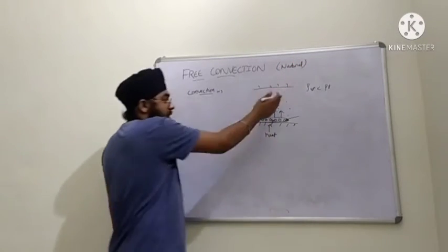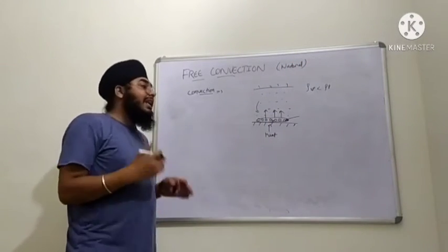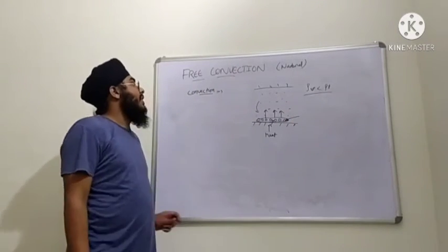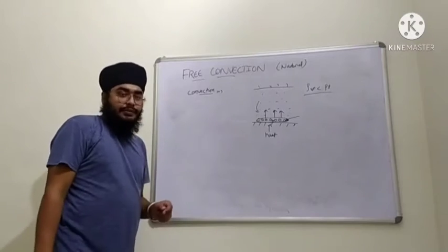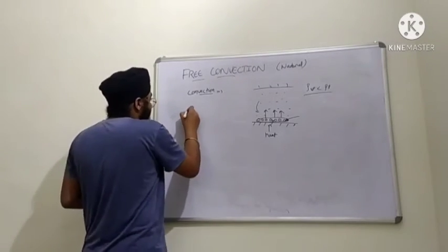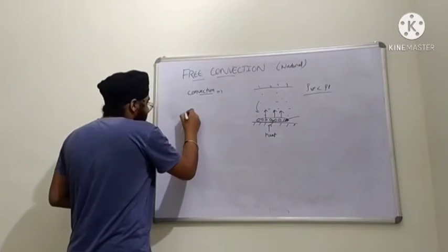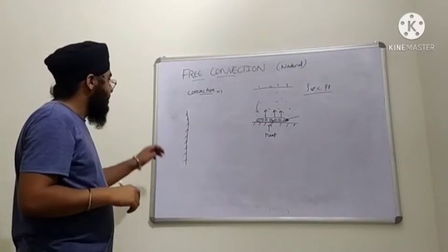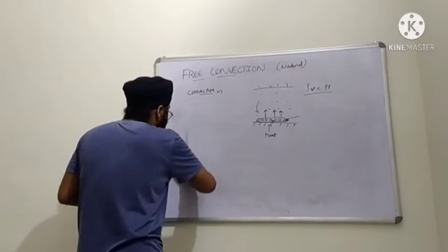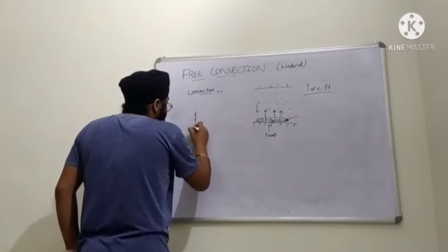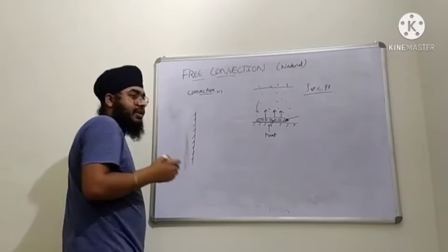This convection, which is occurring naturally without any external means, just because of the density difference, is called free convection. Now let's take a free convection example in an open surface like this plate. Let's say there is a plate, and because of this we are going to see free convection.